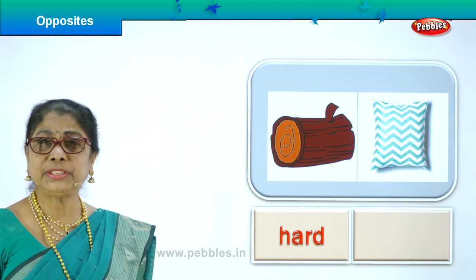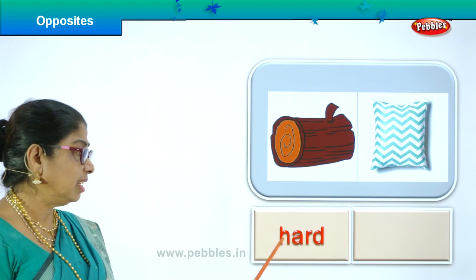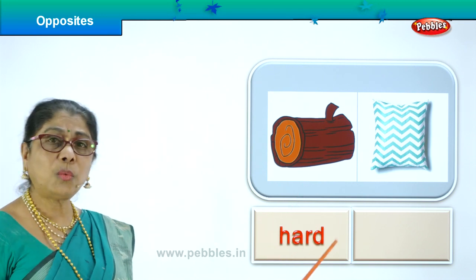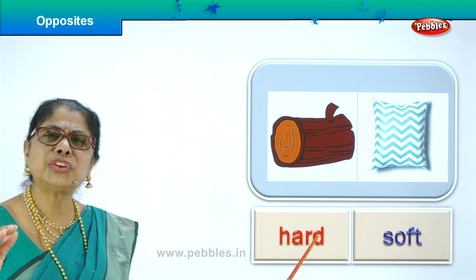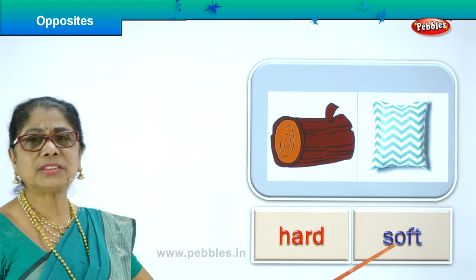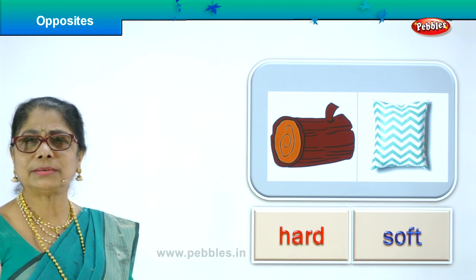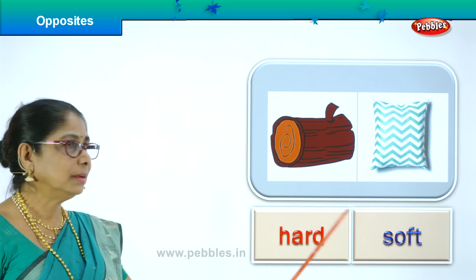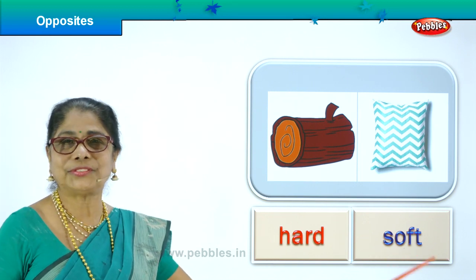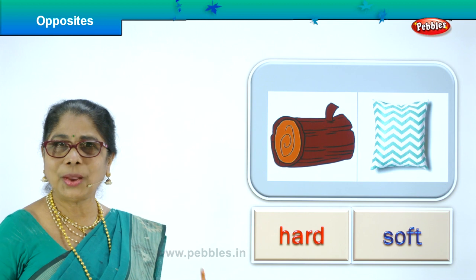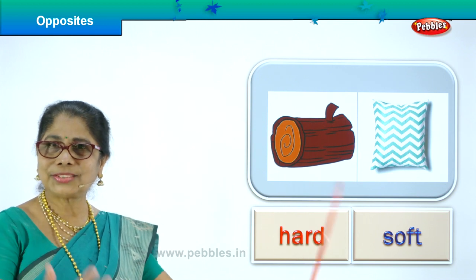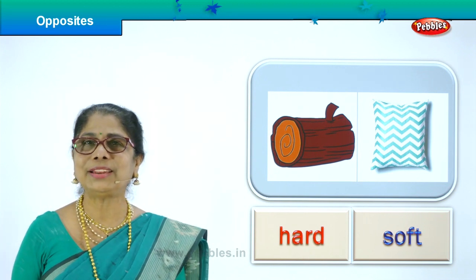It's a piece of the tree, hard. H-A-R-D, hard. What is the opposite of hard? Soft. Pillow is soft. It's full of cotton. Hard, opposite, soft. Now you learned the opposite? Hard, soft. Good. Let's look at another set of pictures.